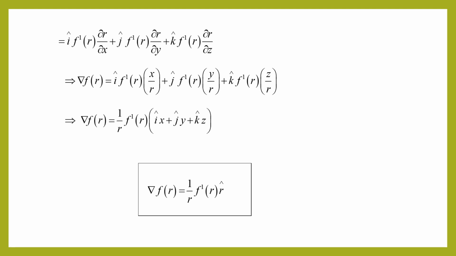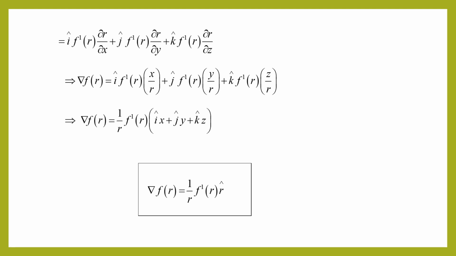We substituted the values of ∂r/∂x, ∂r/∂y, and ∂r/∂z, and we got this answer. After that, ∇f(r) becomes i f'(r) (1/r) x plus j f'(r) (1/r) y plus k f'(r) (1/r) z. So we can take out (1/r) f'(r) outside.